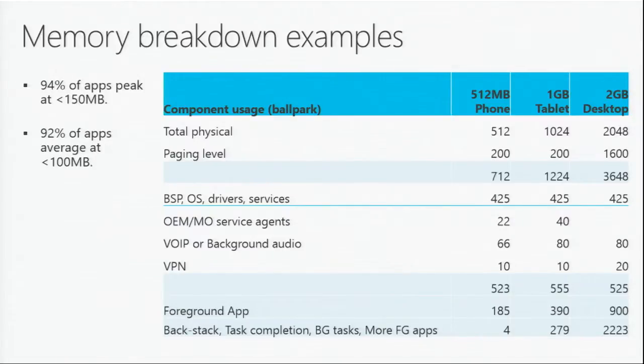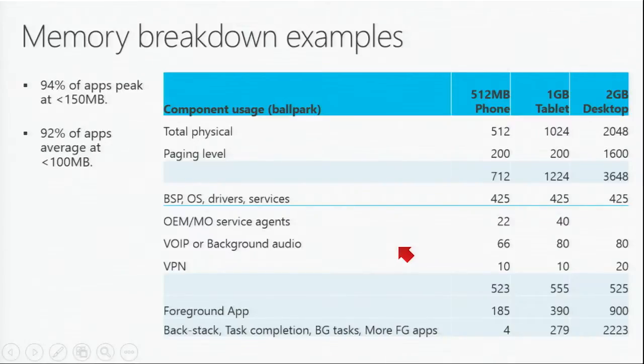Then we allow for some things that we do police, but we have to pretty much guarantee. So if the OEM or the mobile operator has deployed a service agent on the device, then that has to run. If you've got VoIP on the device, then that has to run. You have to be able to take an incoming call.